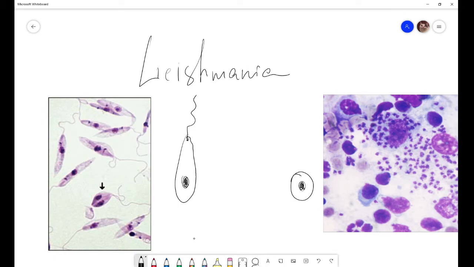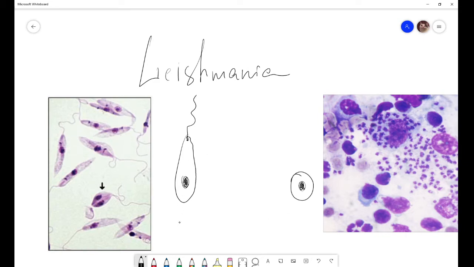Leishmania has only two types of form, like when I told you about trypanosoma. It is only two forms.